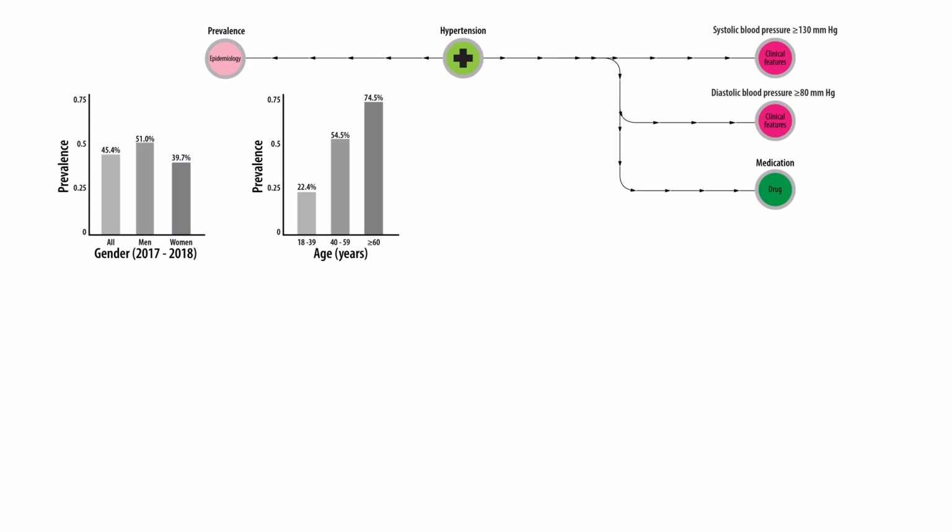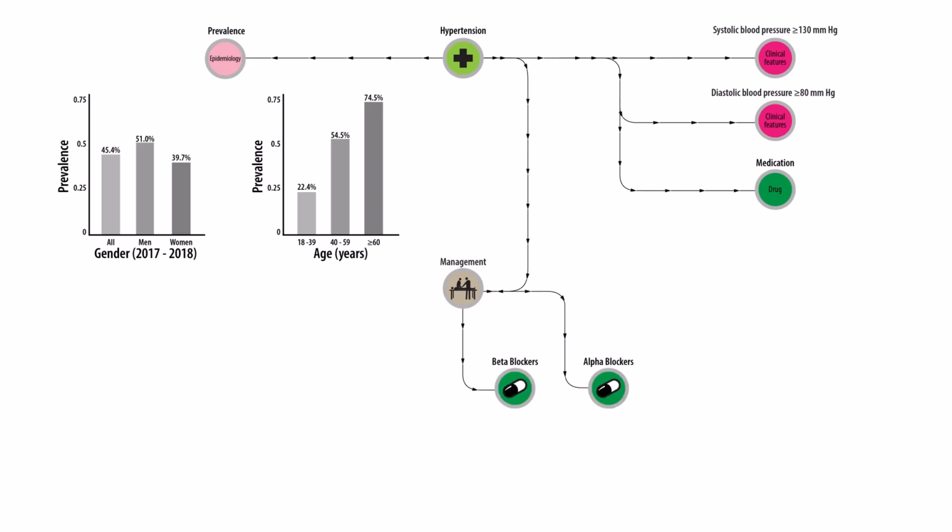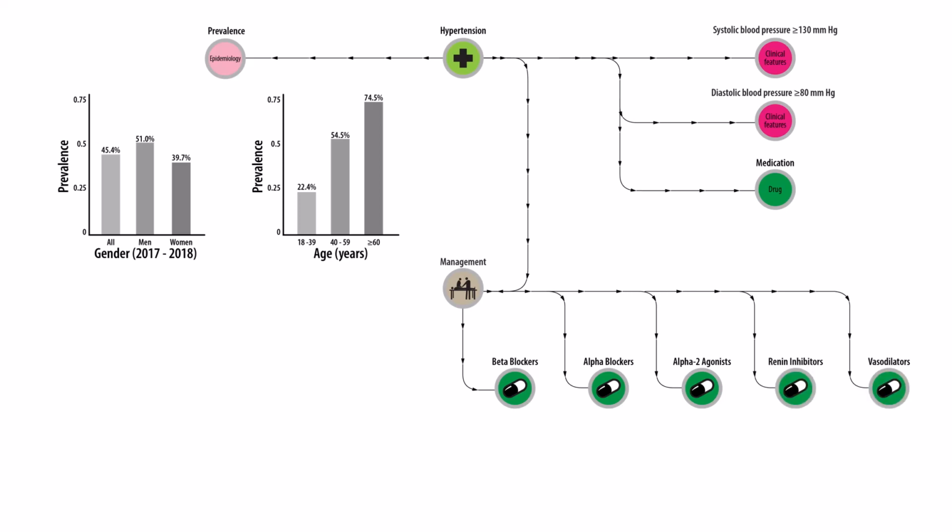Here we're going to talk briefly about the drugs that are used to treat it. Now, we're not going to talk about the other treatment options, which are lifestyle and diet. We're simply going to focus on the various drugs that are used to treat hypertension. And those include beta blockers, alpha blockers, alpha-2 agonists, renin inhibitors, and vasodilators.